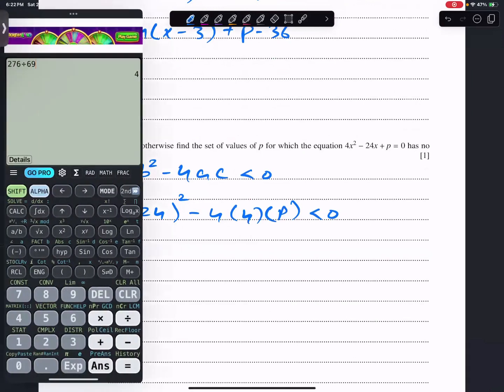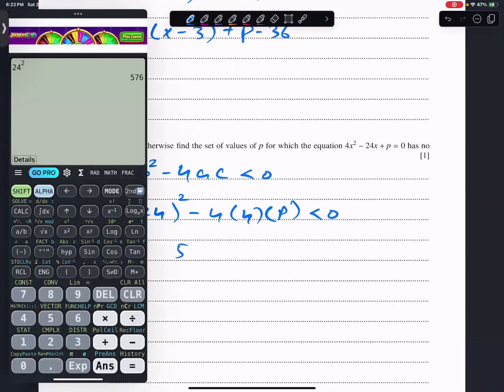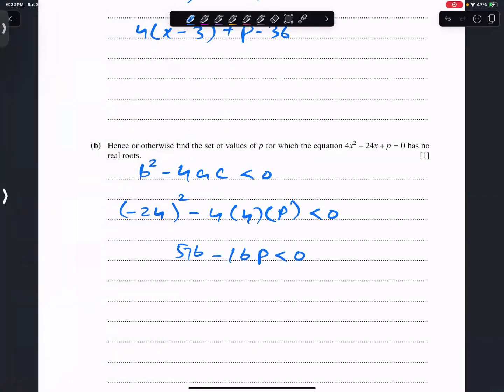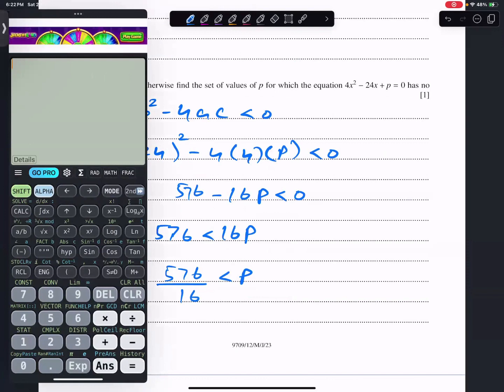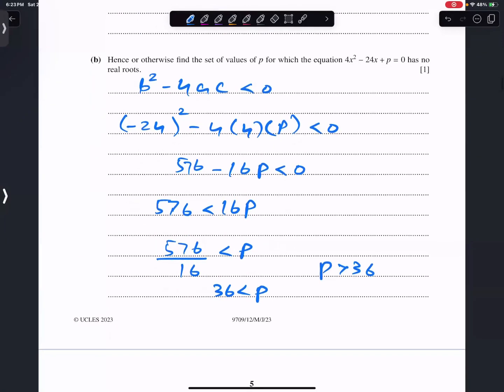So now 24 square will be 576 minus 16p is less than 0. And then 576 is less than 16p. So 576 over 16 will be less than p. 576 divided by 16 is 36, so 36 is less than p, means that p is greater than 36. So these are the possible values of p.